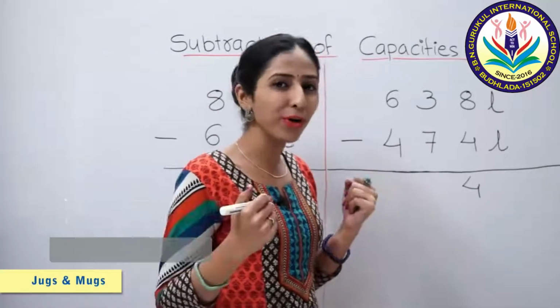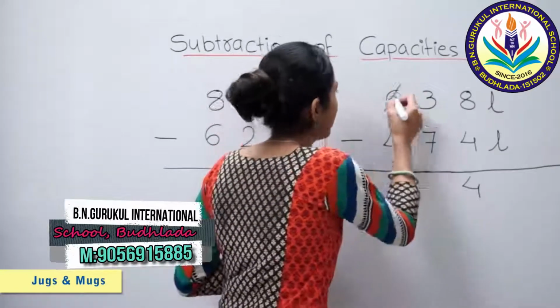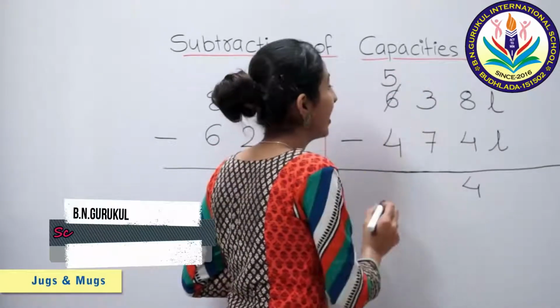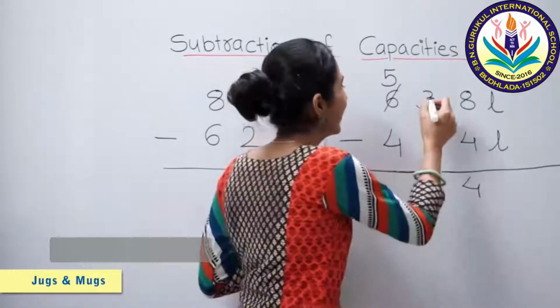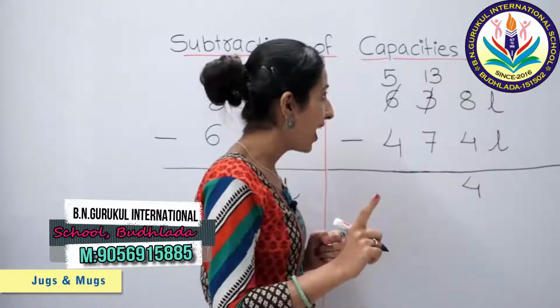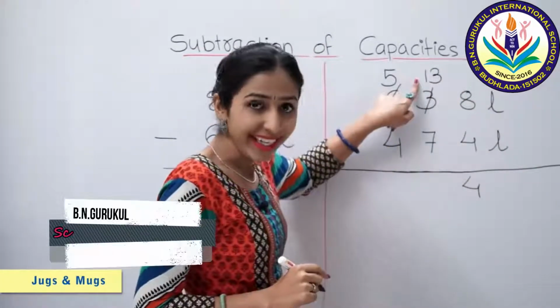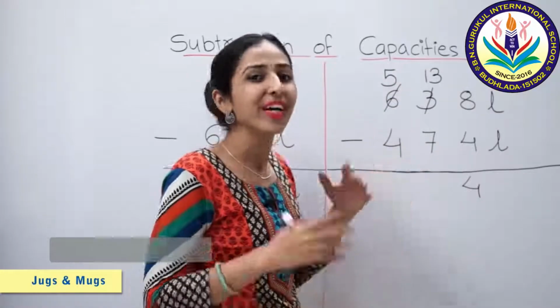So, let's borrow. 6 becomes 5. 3 becomes 13. Now, 13 minus 7 is equal to 6.